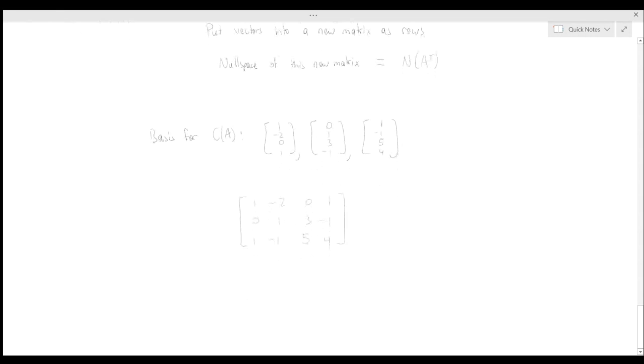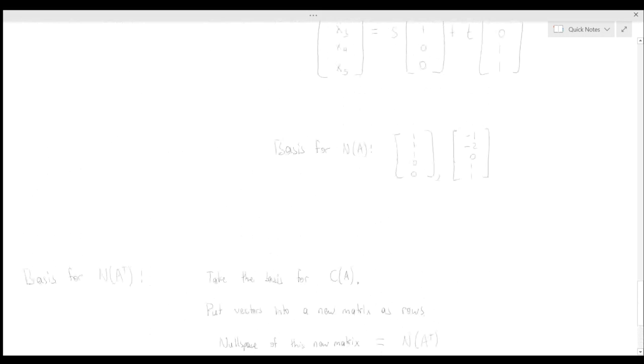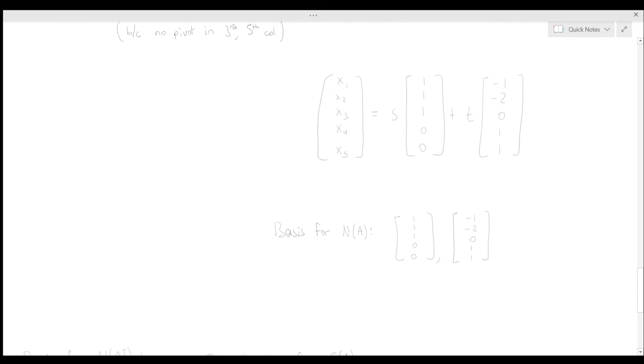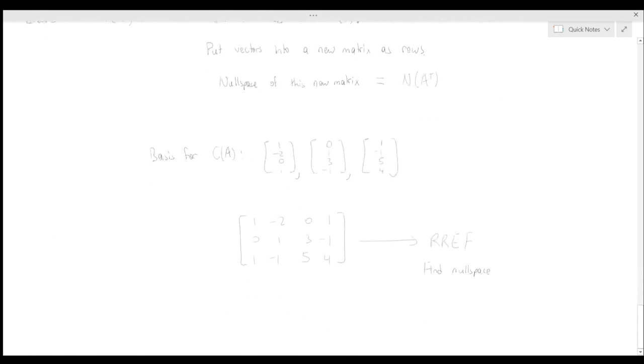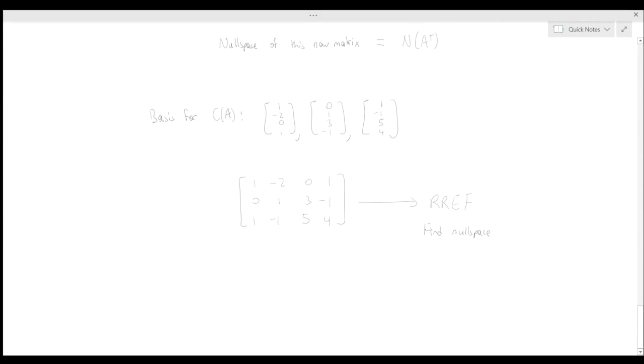And then we need to find the null space of this matrix to get the left null space. We won't finish this example, but you'll put it into REF to find the null space, just as we did for A. And you get a basis, and the basis that you get here would end up giving you a basis for the left null space of A.